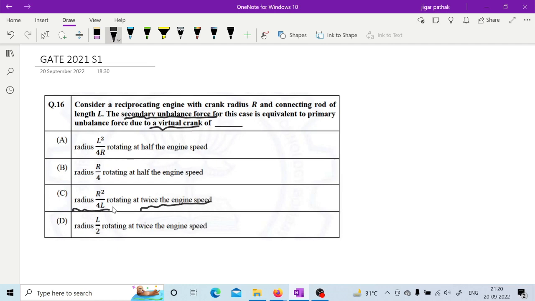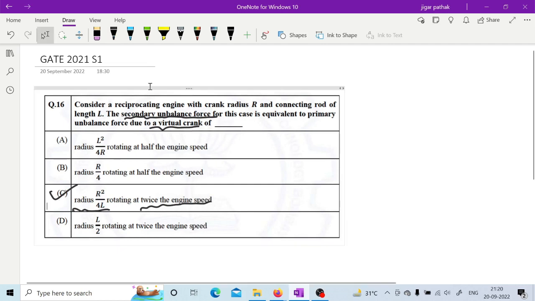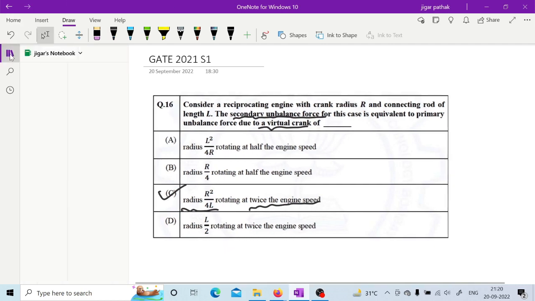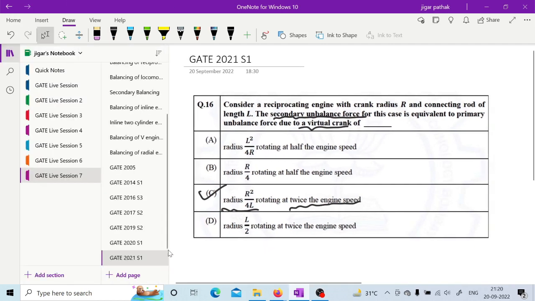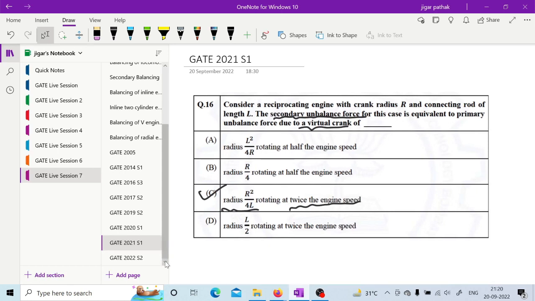So it is r square by 4l and rotating at twice the engine speed. Sir, the radius r square by 4l is calculated like the hypotenuse of the crank, as it is imagined.